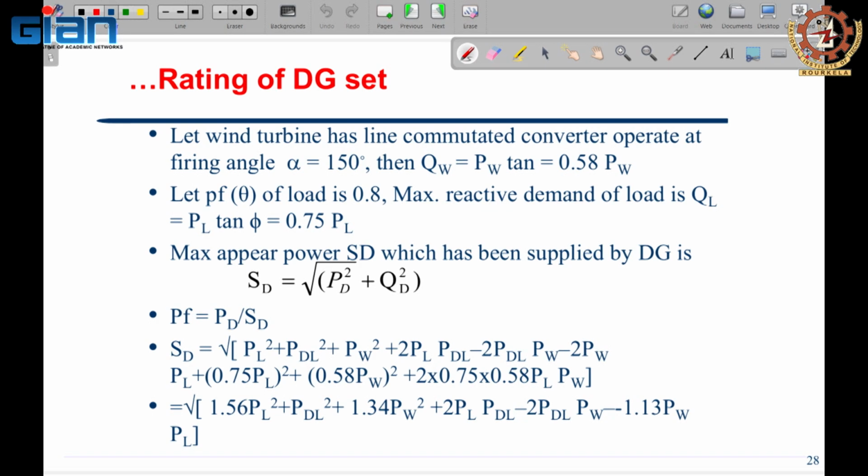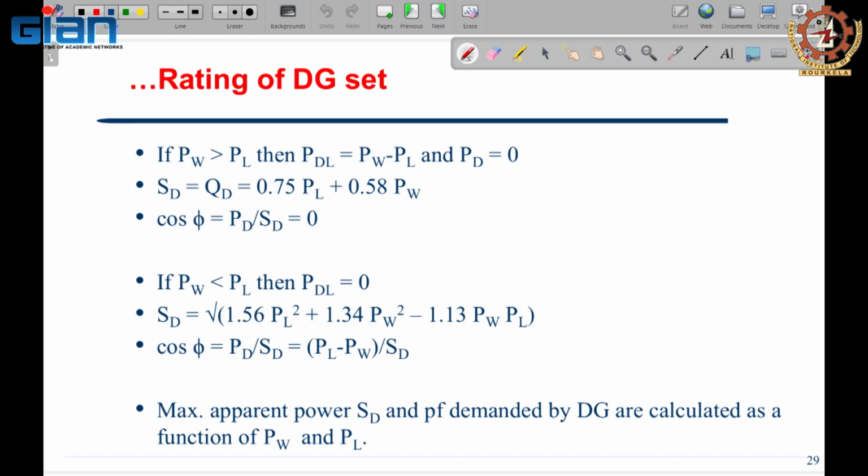All these are simple calculations, and we go as far as the data allows to get some sort of design. I am not going into too much detail, but you consider some simple cases with these different options: whether the wind power generation capacity is more than the load capacity, or lower than the load capacity.